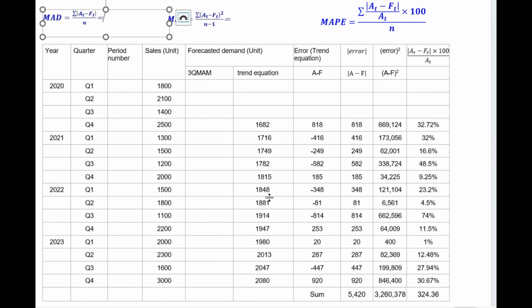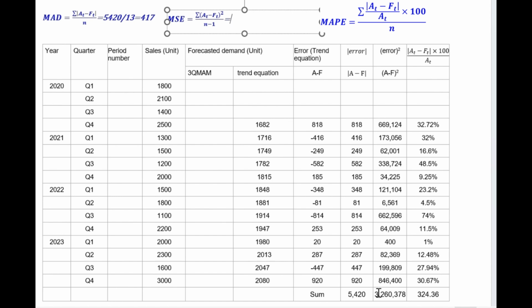MAD equals the summation of the absolute value of the error, this value 5420, divided by the number of periods, which is 13, and this is equal 417. For the MSE, it equals the summation of the square of the error divided by n minus 1.